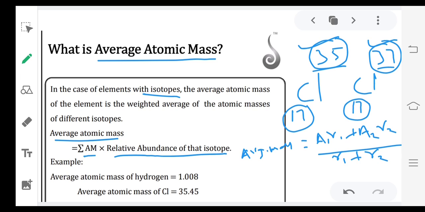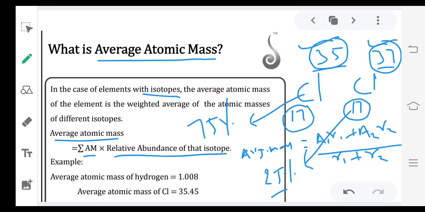What is abundance? Abundance means percentage availability of an isotope in nature. For example, chlorine 35 is 75% available and chlorine 37 is 25% available. Means if you take chlorine gas from any reaction and analyze it, that chlorine gas contains 75% of chlorine 35 and 25% of chlorine 37.